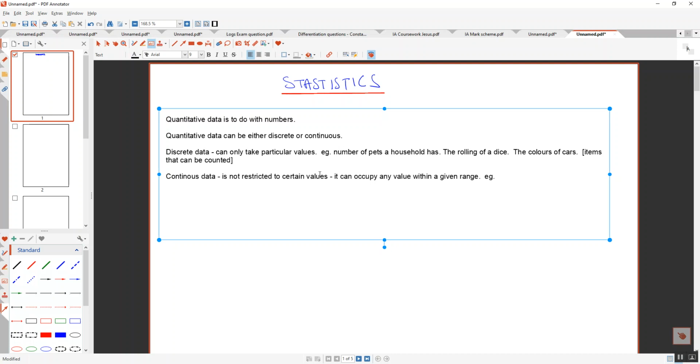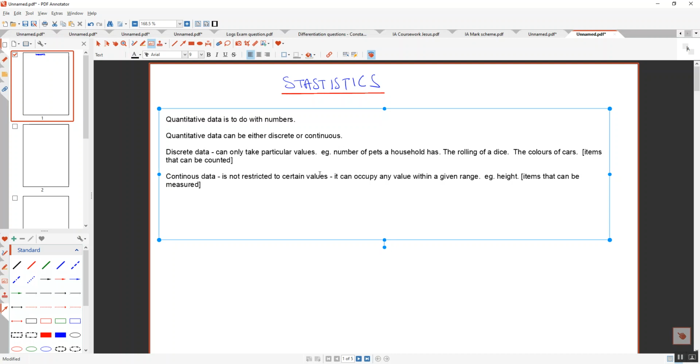So for example, give me an example of continuous data. Height. Okay, because you might get somebody that's 1.3 meters, or you might get somebody that's 1.36 meters tall. Or the time it takes you to travel to school, it could be 1 hour, 36 minutes, and 42 seconds. And again, I like to think continuous data is items that can be measured, right?